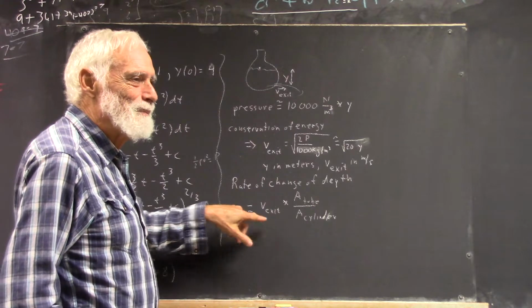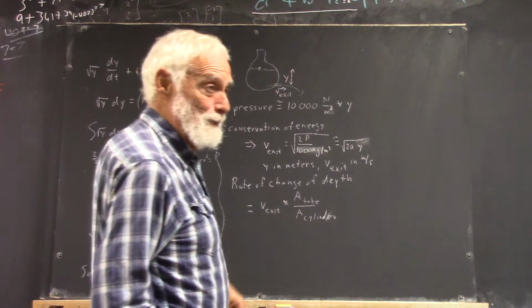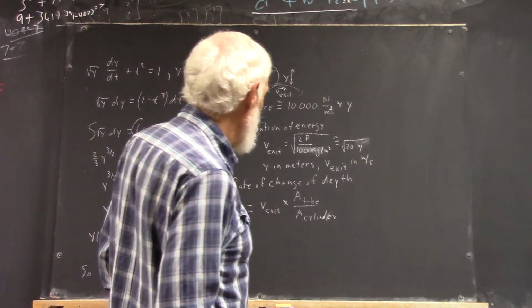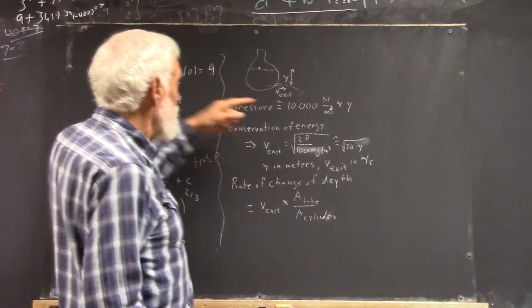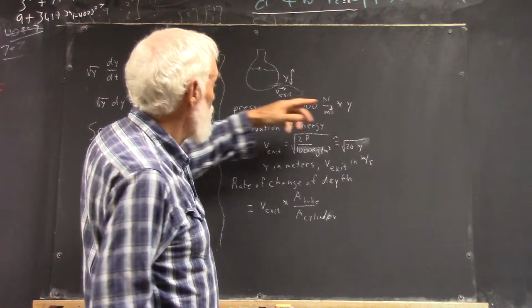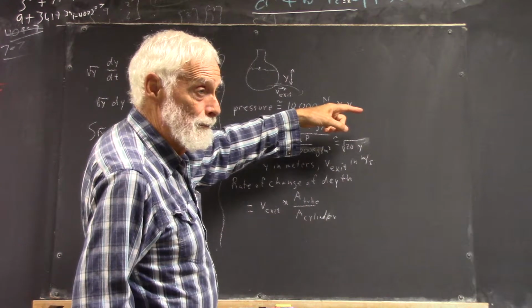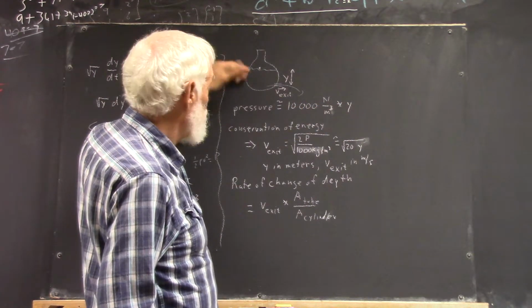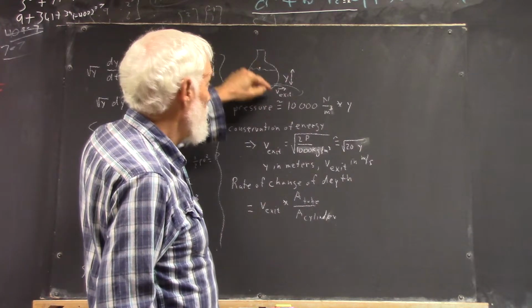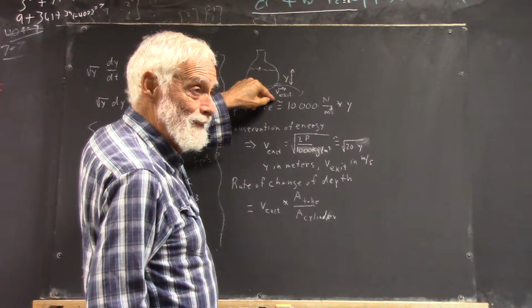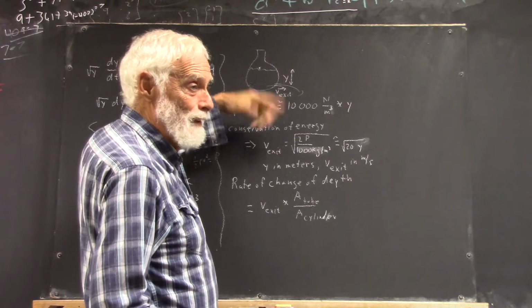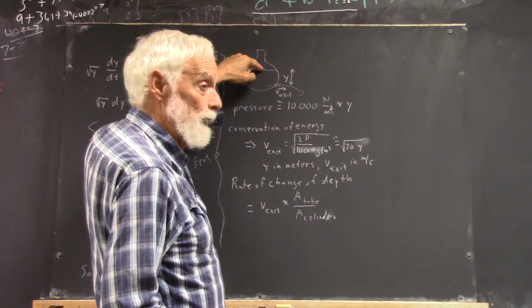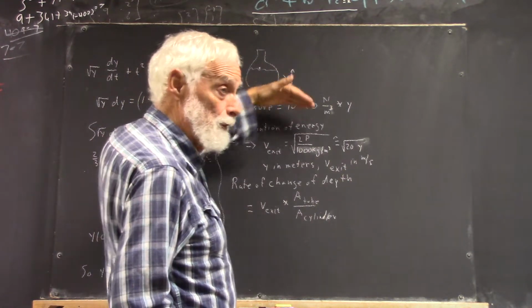Okay, so you have this. And it just says that any water that comes out here is water that's lost up here. If you take the area of this to the area of this, you have a ratio that gives you information about how fast this goes, if you know how fast this is going.